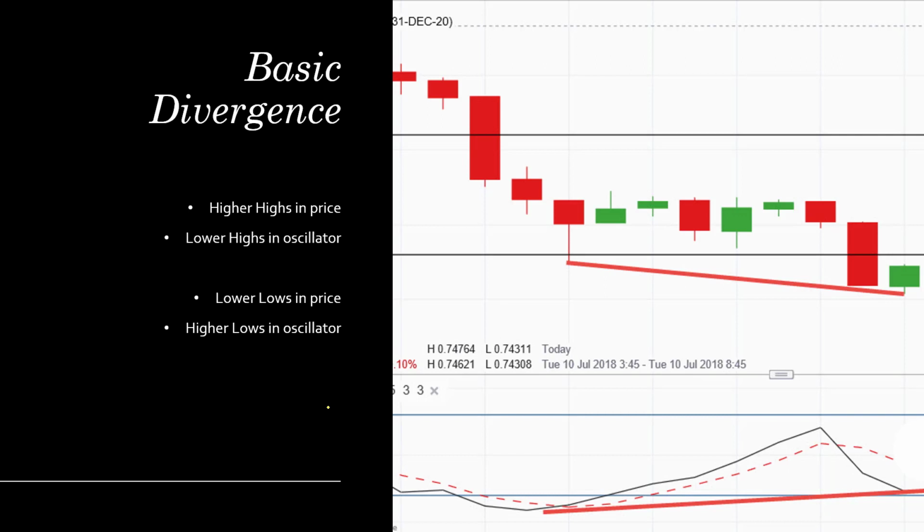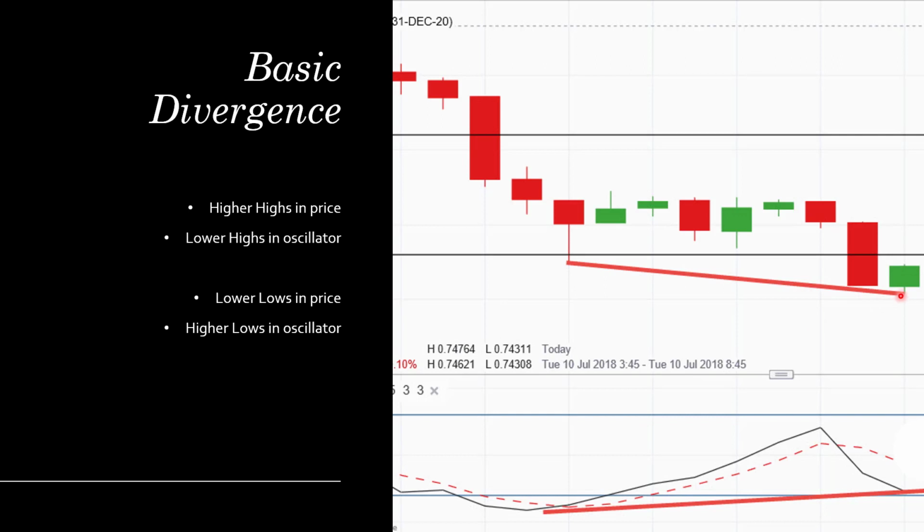Now, you have basic divergence. And that simply means that you might be making higher highs in price, but you'll be making lower highs in the oscillator. Or you're making lower lows in price with higher lows in the oscillator. In this case, I'm using a stochastics, and you can see that here you have made lows, but on the stochastics, you are making higher lows.